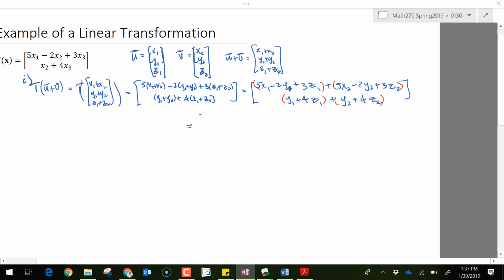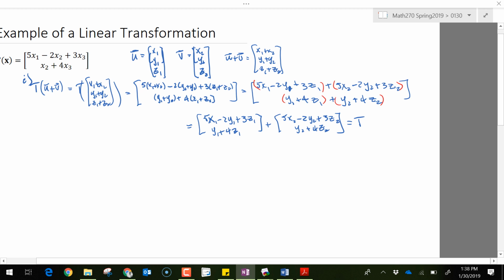So this is going to equal the vector 5x1 minus 2y1 plus 3z1 and y1 plus 4z1, plus the vector 5x2 minus 2y2 plus 3z2, y2 plus 4z2.